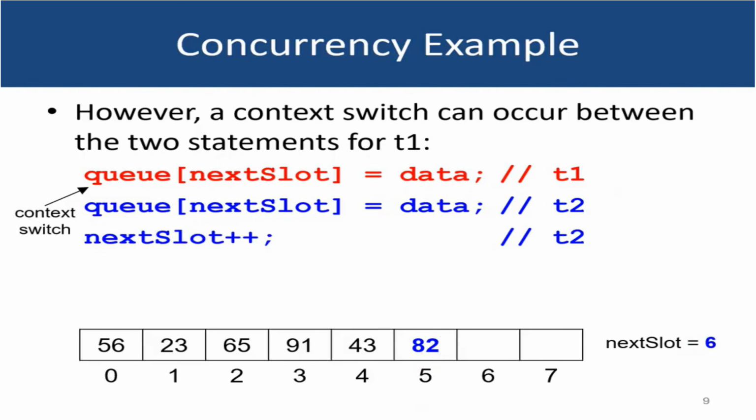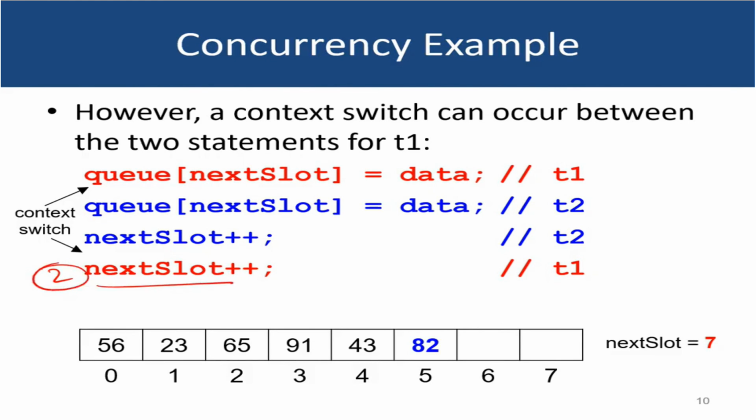So next T2 will increment the variable next slot by 1. So this now starts pointing to index 6. When T2 finishes, T1 comes back and it is allowed to execute its last statement, which is next slot plus plus. So now you see this next slot would be moved further from 6 to 7.